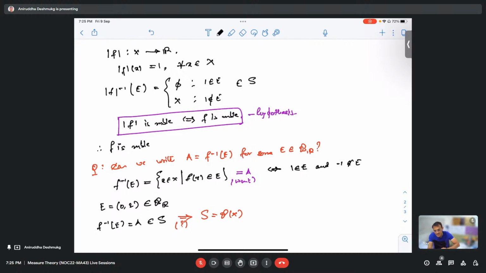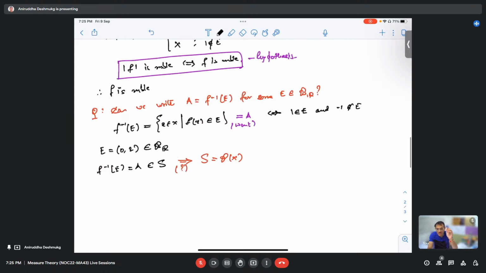The pre-image of intervals must be measurable. Pre-image of intervals will be measurable, or pre-image of every Borel set must be measurable, right?